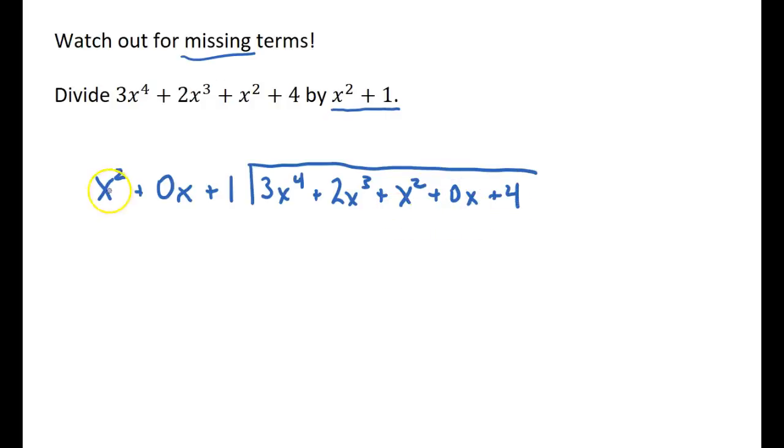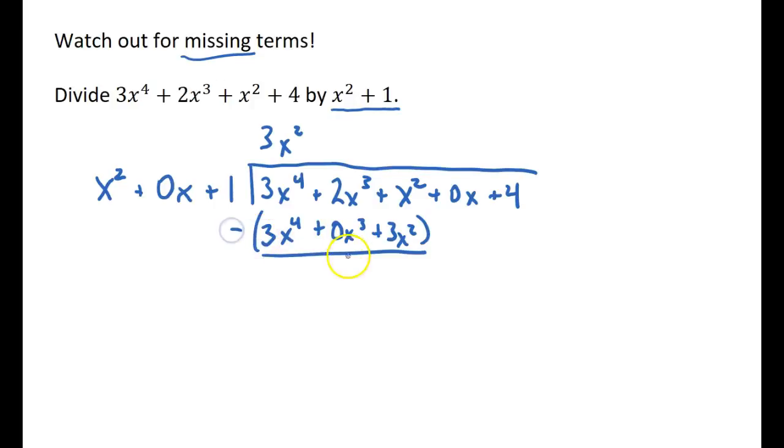Okay, so I multiply x squared by 3x squared. That will give me 3x to the 4th. 3x squared times 0x is 0x cubed. 3x squared times 1 is 3x squared. Subtract. I have 2x cubed minus 2x squared.